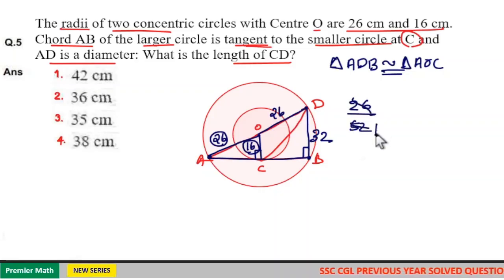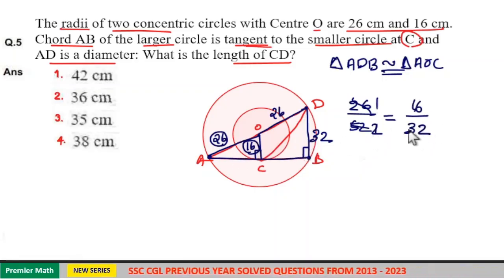So this is in the ratio 1:2, which means height of these two triangles should be in the ratio 1:2. That is, height of smaller triangle is 16, height of larger triangle should be 32. So this will be in the ratio 1:2 as well.